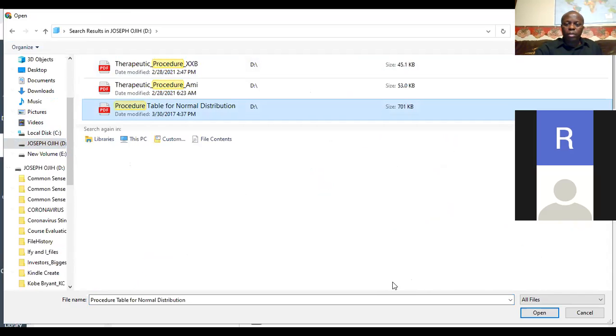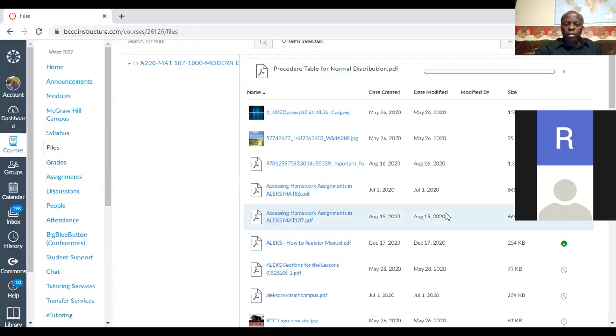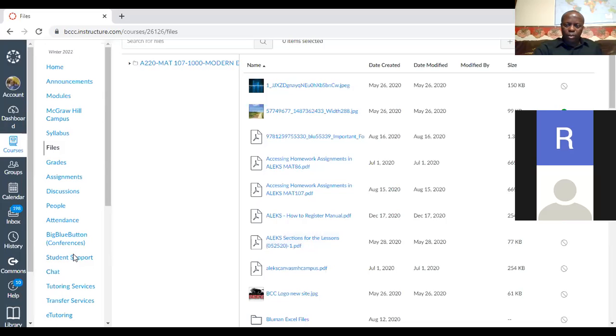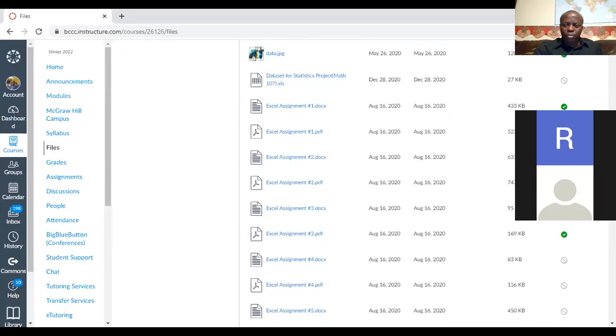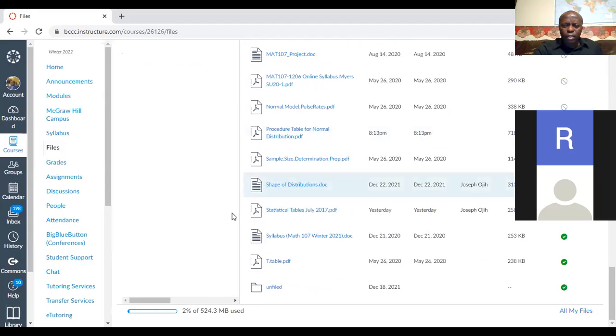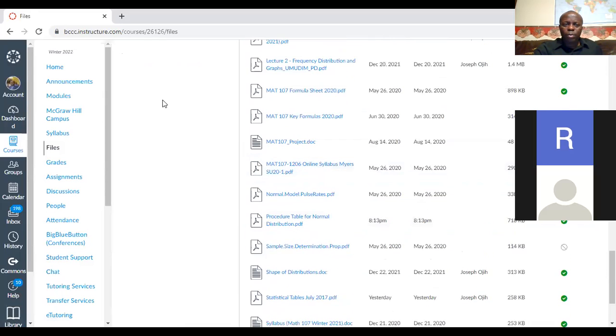So I'm uploading this now for you. You'll see it in your files. It's now there, procedure table. You can print it out too and keep it handy together with the table that we used earlier today.